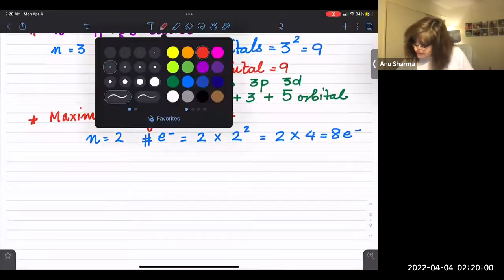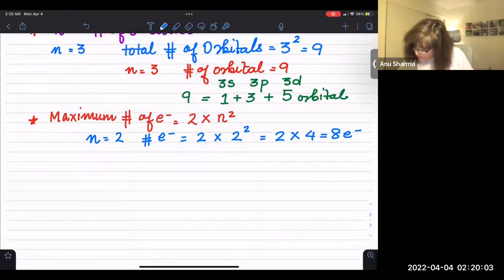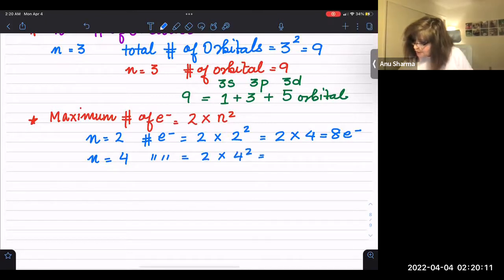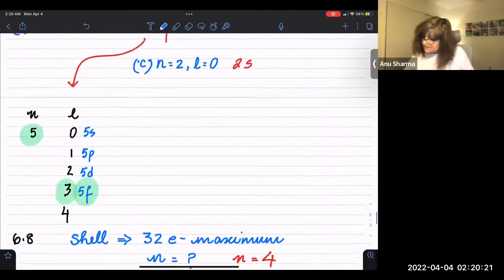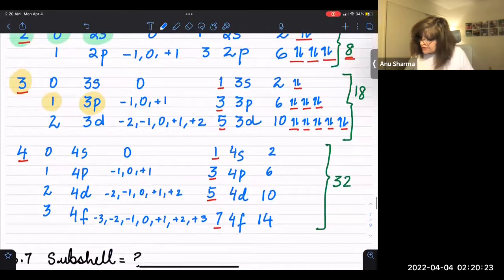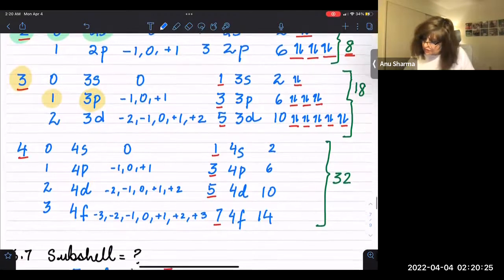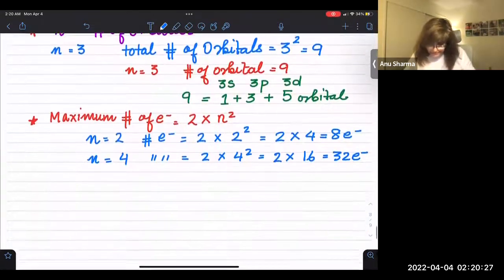If you have n is equal to 4, then the maximum number of electrons would be 2 times 4 squared. 4 squared is 16, and 16 times 2 is 32 electrons. And you've already seen this in this chart here, 32 electrons, how they are placed. Okay, so that's one thing.